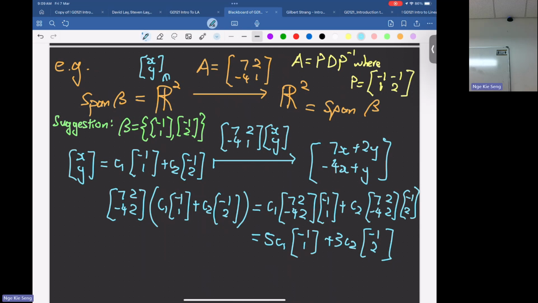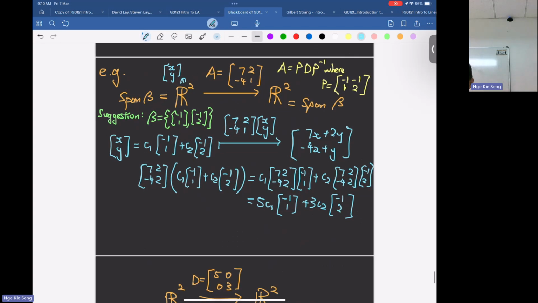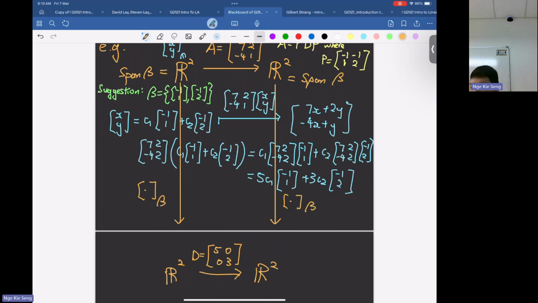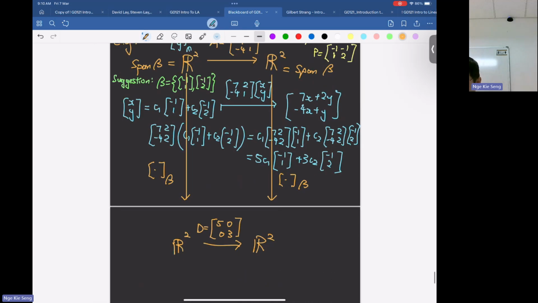So we try to capture this idea here. Remember, we have a very convenient tool. What's the tool here? It's the coordinate vector mapping. So still remember, what does this mapping do?